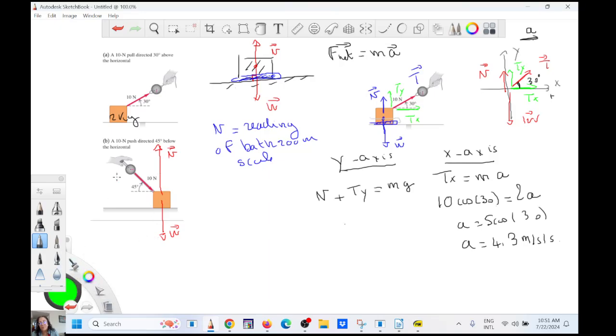Okay? Because if you look at the components here, you have one component down, T sub Y, and one component forward. Okay? And of course, this is parallel to that, so that's going to be also 45 degrees.